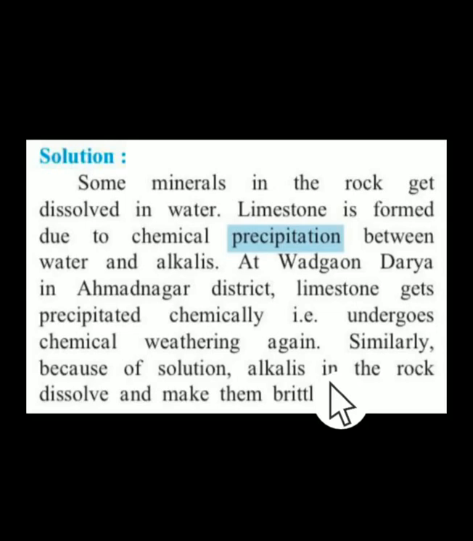At Vadgaon Darya in Ahmednagar district, limestone gets precipitated chemically, that is, it undergoes chemical weathering again. Similarly, because of solution, alkalis in the rock get dissolved and make them brittle. What you mean by brittle is very soft, which can be broken very easily. Now there are some solutions that are created.